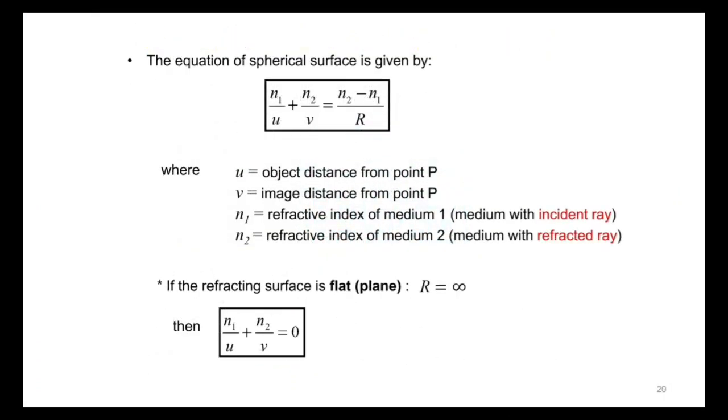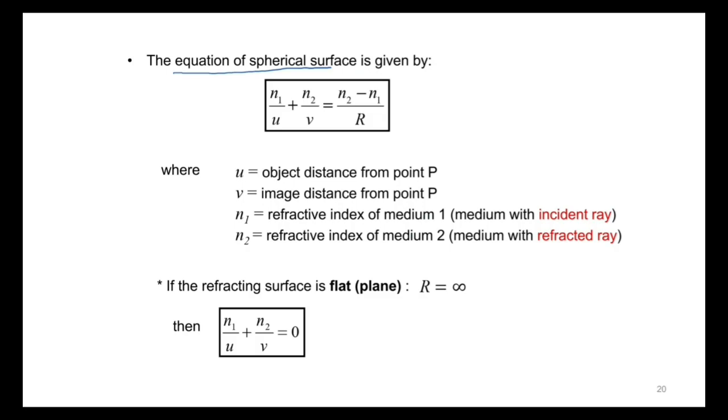You can relate the refractive index, object distance, image distance, and radius of curvature for a spherical surface by using the equation of a spherical surface, given by n1 over u plus n2 over v equals n2 minus n1 over R. As usual, u is the object distance, v is the image distance, n1 is the refractive index of medium 1.